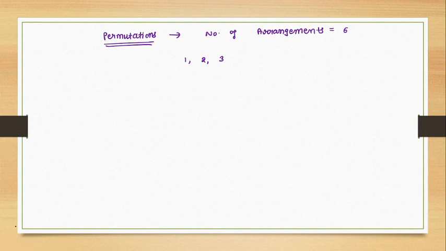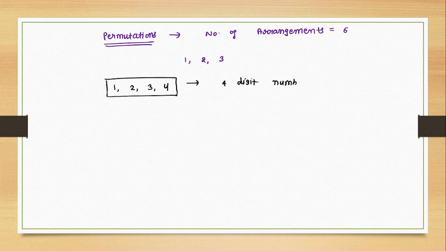Now let's take an example of 4 digits: 1, 2, 3, 4. I gave you 4 digits and you have to make 4-digit numbers by using these 4 digits, and one digit can be used only once.